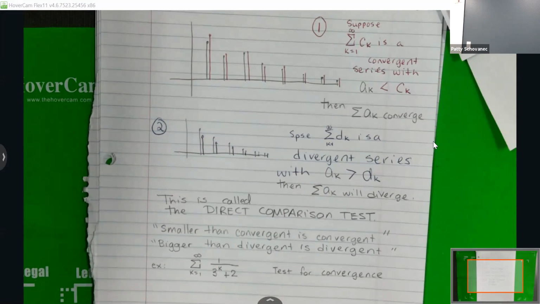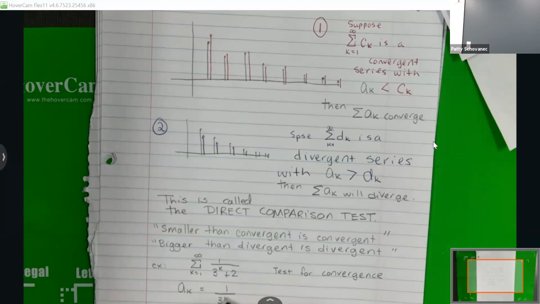Okay? So I'm going to compare it to a geometric series. Here I've got my a_k's to be the given series. My terms in my b_k series is just going to be 1/3 to the k.